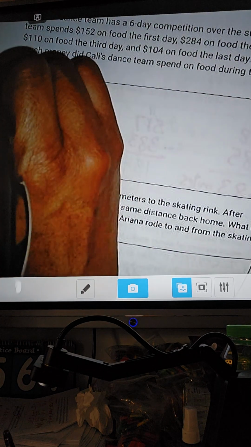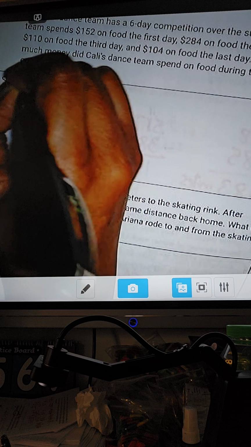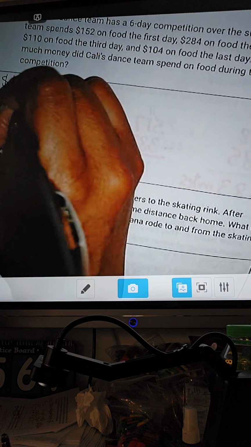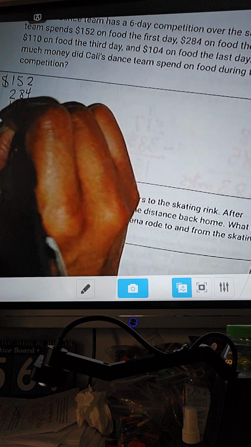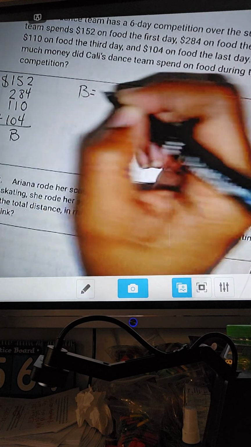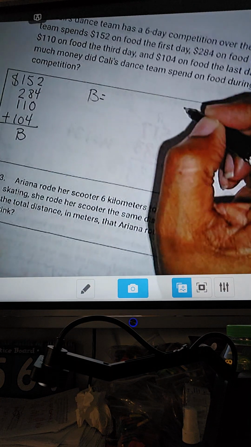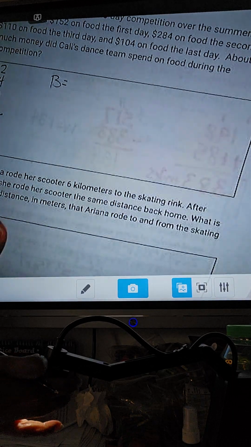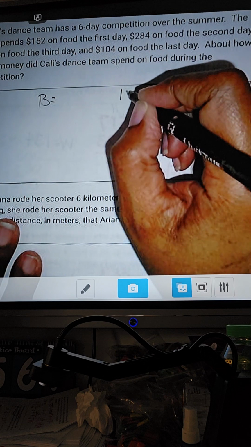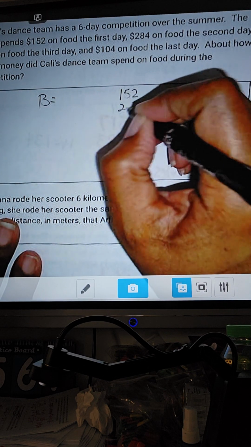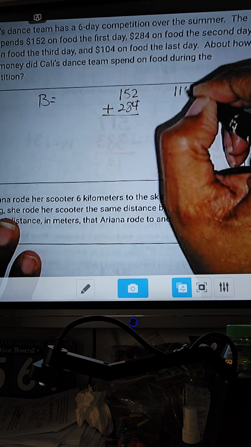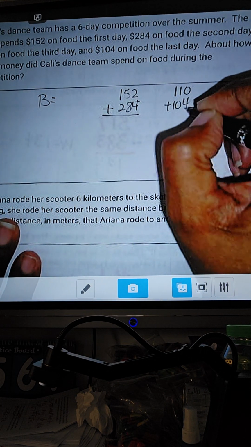So hopefully you knew that you should be adding 152 plus 284 plus 110 plus 104 equals B. What does B equal? I would do 2 at a time: 152 plus 284, and 110 plus 104.